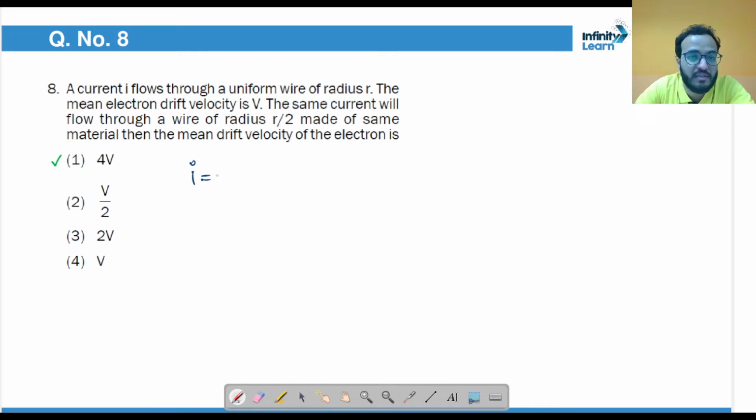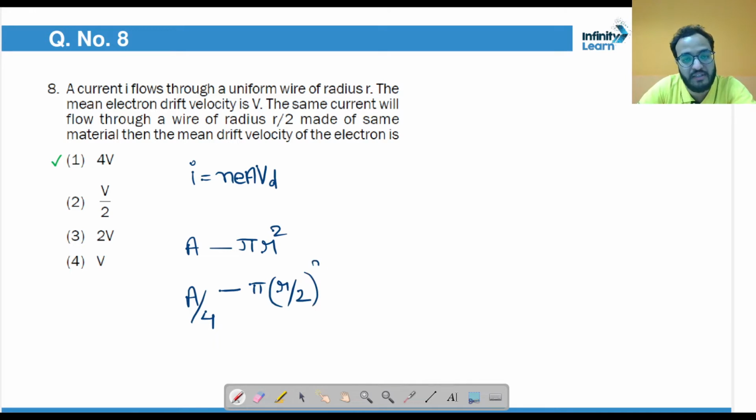See, I is equal to nAevd, right? I is the same here. So if radius is halved, see, area is pi r square, so area will become 1/4 if radius is halved, right?